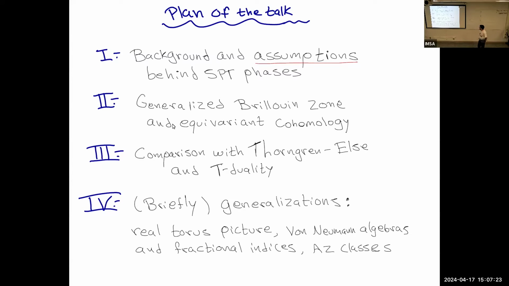And in the last part, I will briefly discuss generalizations, in the hopes that some people here, like topologists or people who know about von Neumann algebras, or even people who do theory but do more numerical work, can help me continue this line of research.